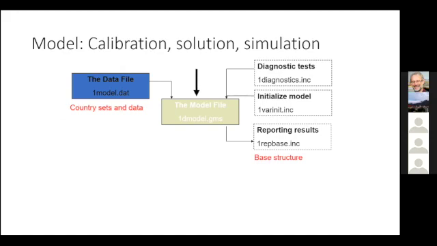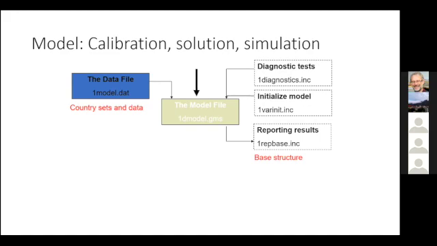So in terms of how the files of the standard model look, the data file goes into the model file, which is a system of equations. There's a number of diagnostic tests that are done to ensure that the data that's included in the model is behaving correctly. The model is then initialized, and then we solve the model in order to replicate the base data.